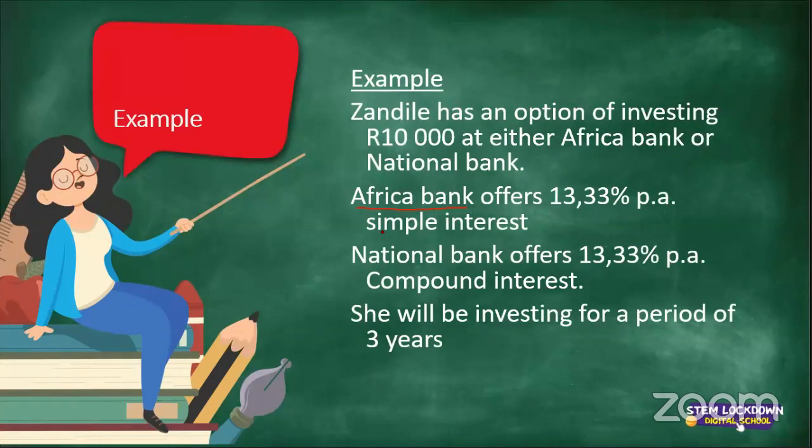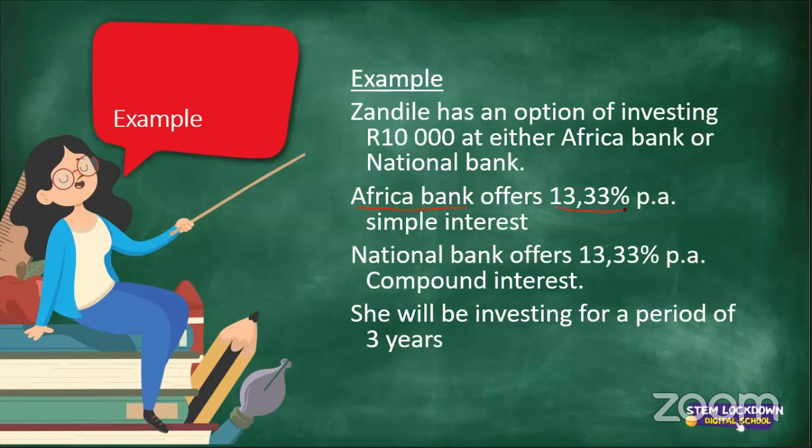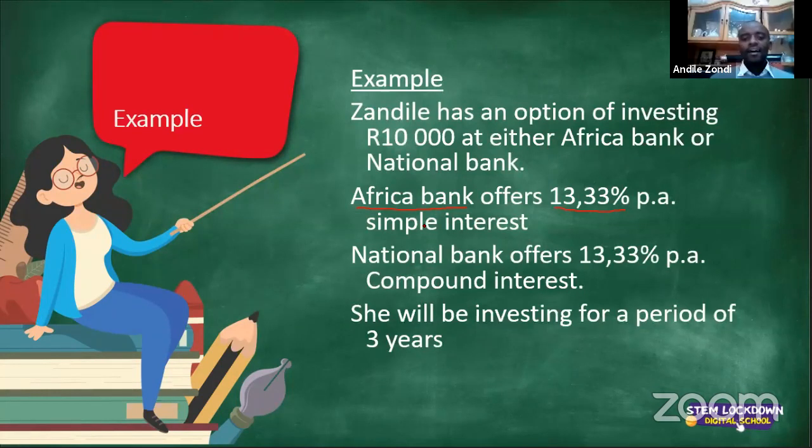Okay, so let's continue. Africa Bank offers, this is the interest rate, simple interest. And National Bank offers the same interest rate. Remember, these are interest rates per annum, per year.